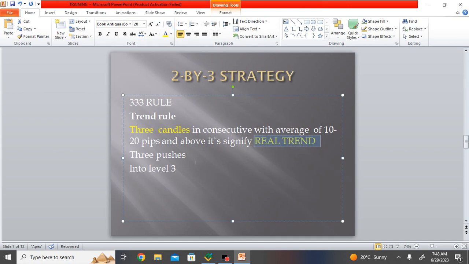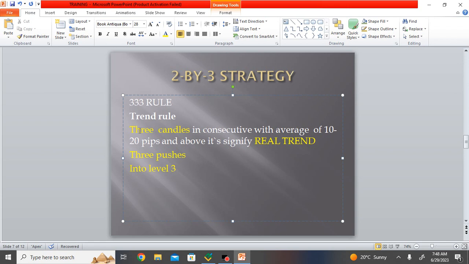Then those three candles should appear in 2-3 pushes. So you will see 3 pushes. Then those 3 pushes should end in the 2/3 level.